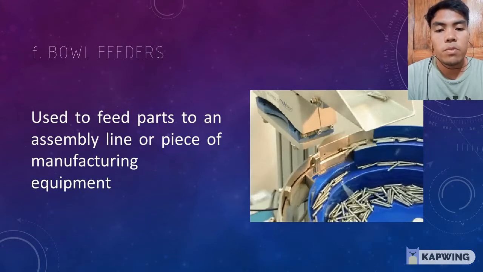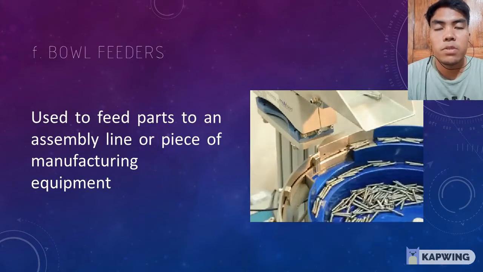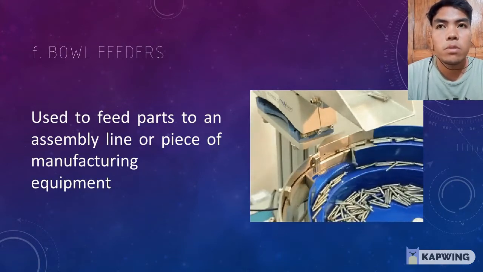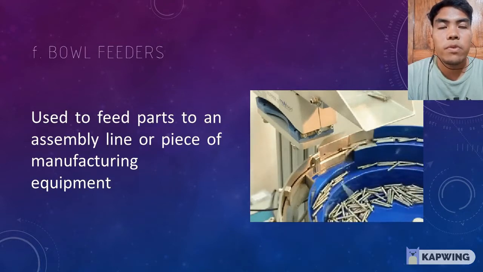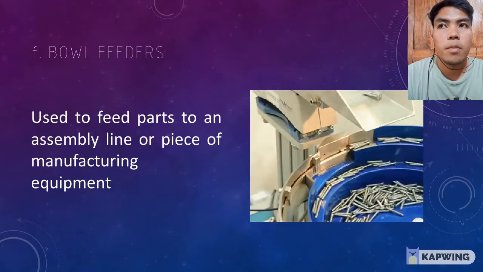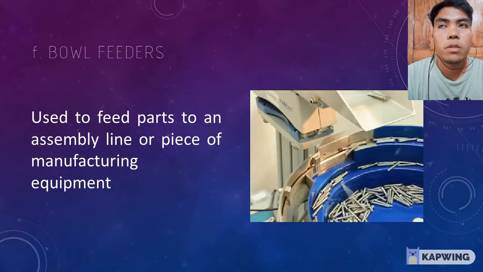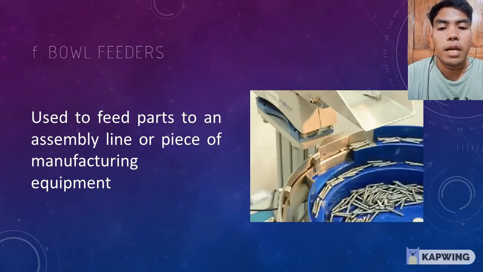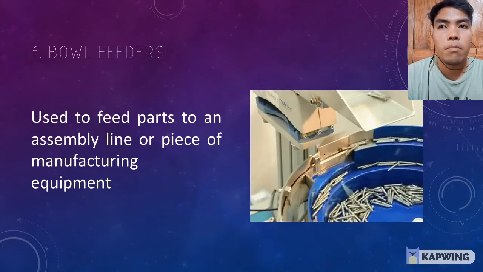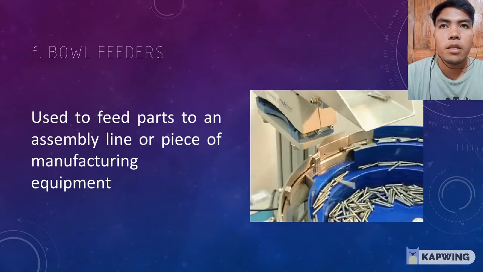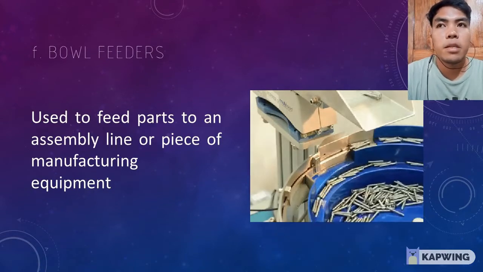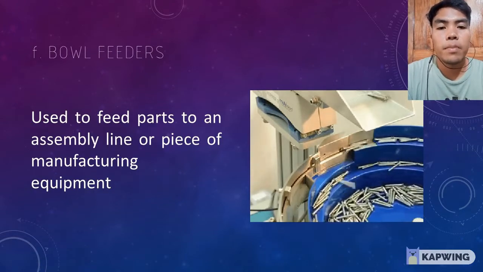An example in automotive is the mass production of nuts and bolts. Before they are installed in a vehicle or before the nuts and bolts and any other items are packed, they pass through the bowl feeder, where they are sorted out individually so they can be packed in order.